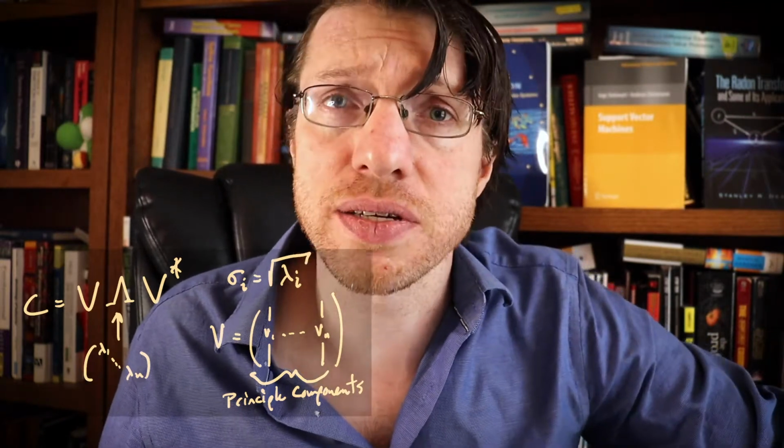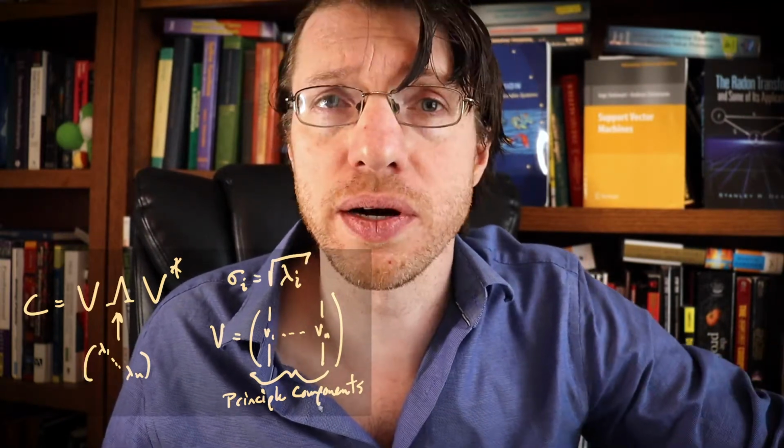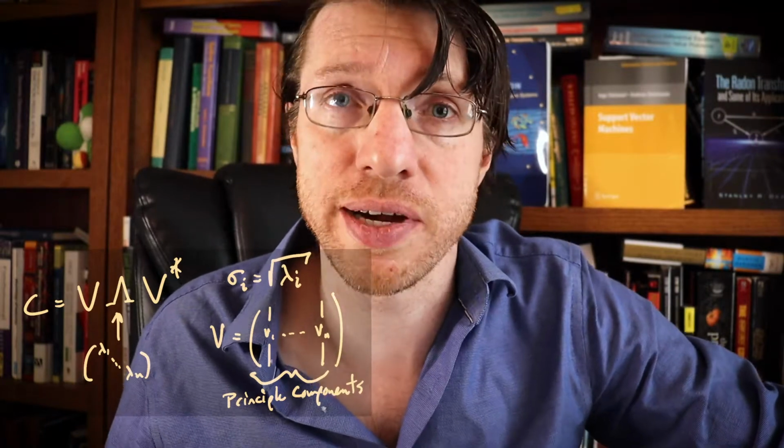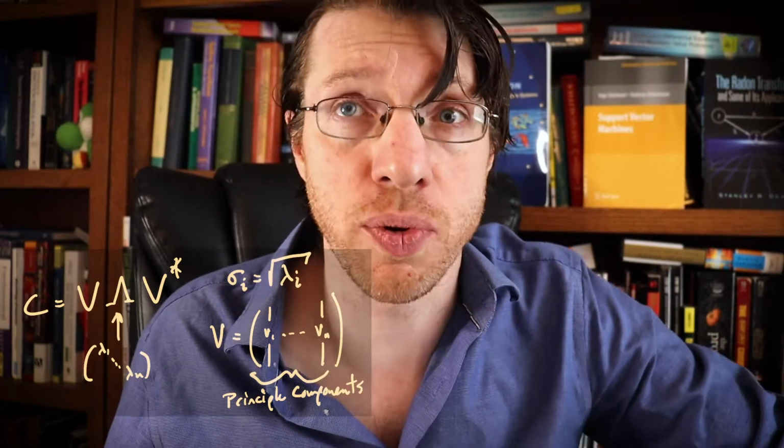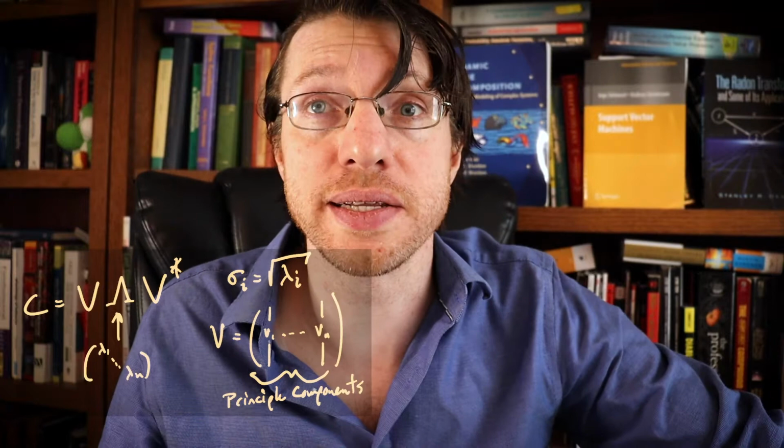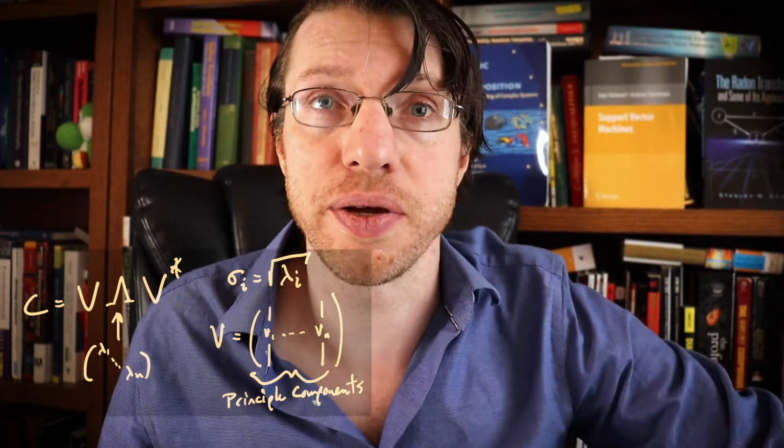And in this case, what we see is that what we call the principal components, which are these eigenvectors, you can see which one has the most importance for our data, and that's the one that corresponds to the largest singular value. And then as we descend in singular values, we have principal components that have less and less impact on our data, where the ones that correspond to very, very small singular values are very uncorrelated with the rest of the data set.